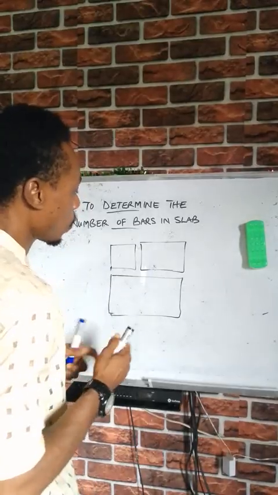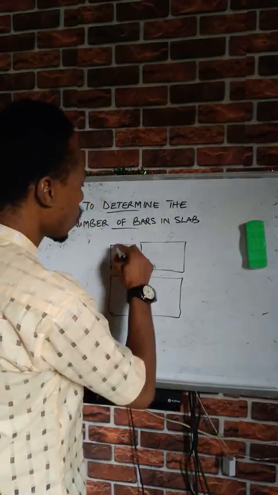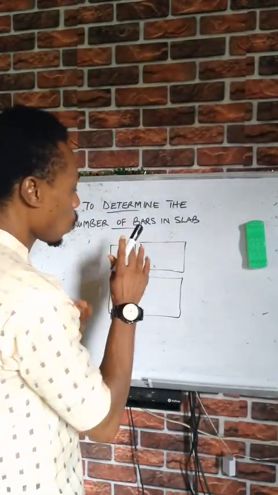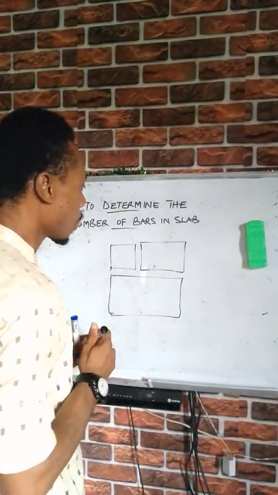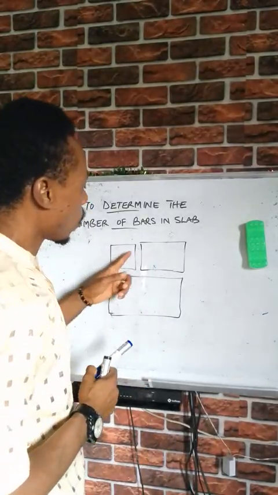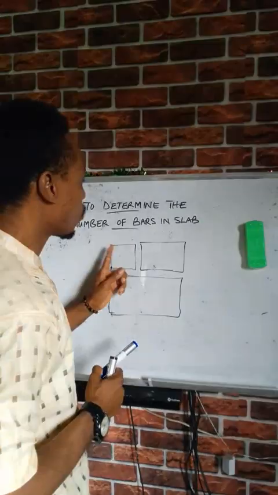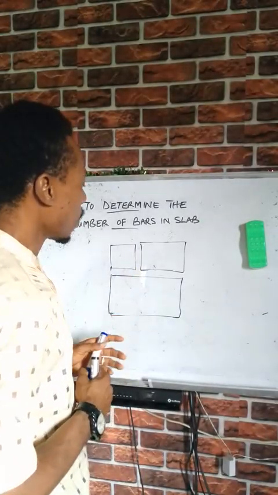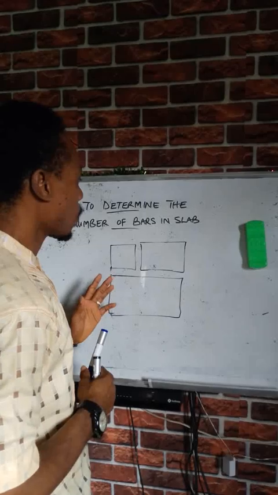Together, this whole is one slab. But in design, we consider them separately. We treat them separately.